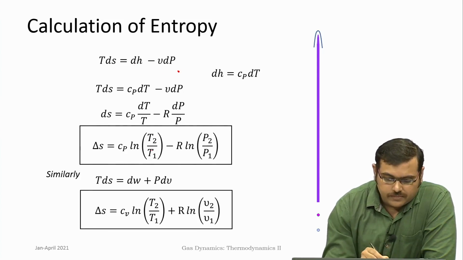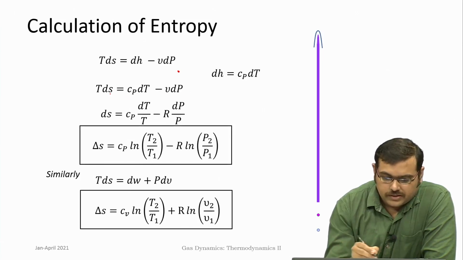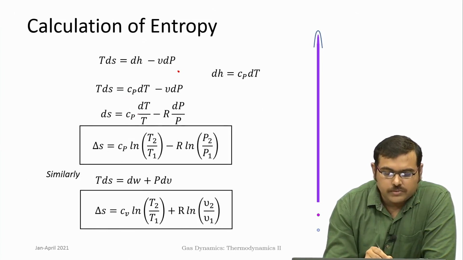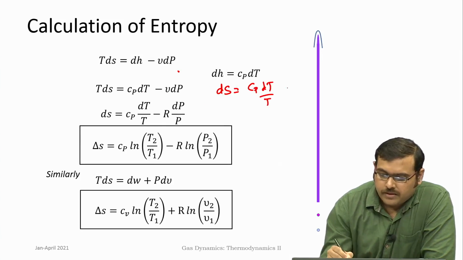With algebraic changes, you can write dS equal to Cp dT by T minus V dP by T.